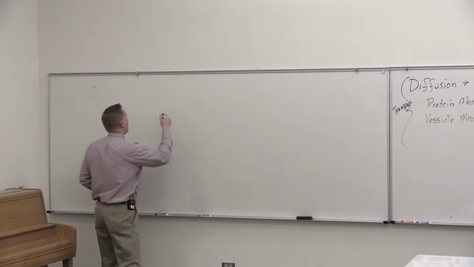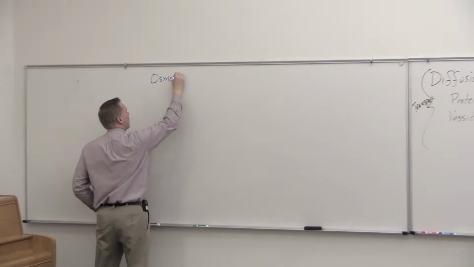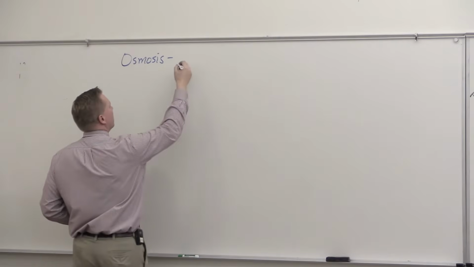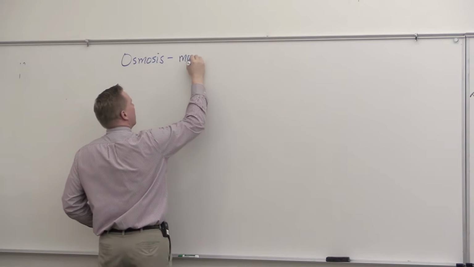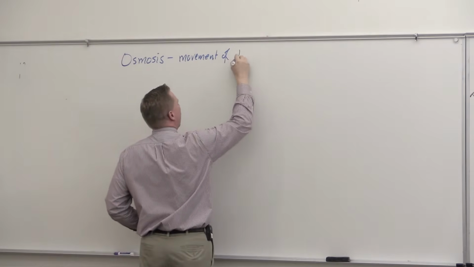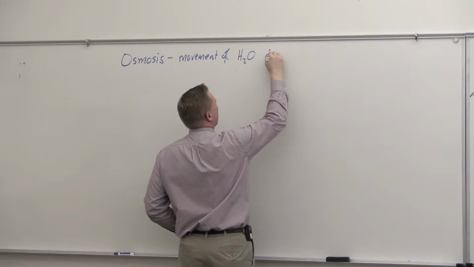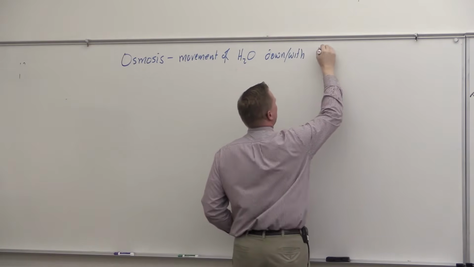So now we're going to talk about osmosis. And osmosis is related to diffusion and concentration in that osmosis is defined as the movement of water down or with its concentration gradient.